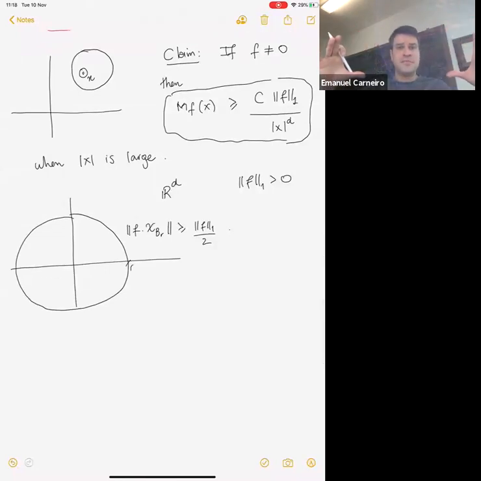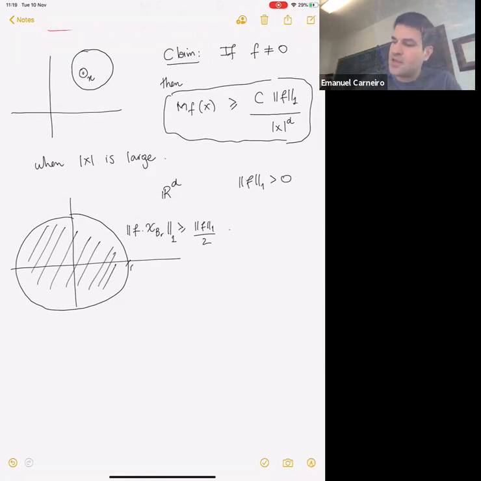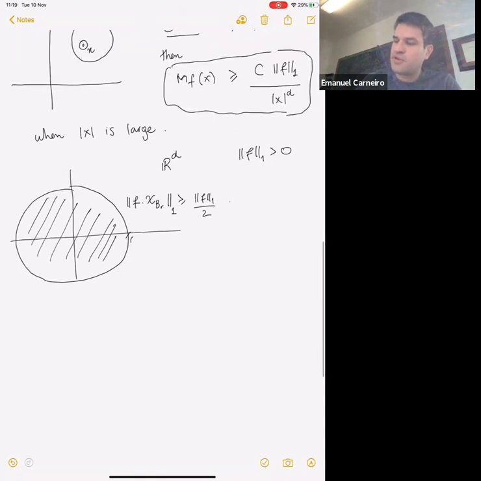Your function is integrable, so just take a big ball around the origin such that the mass inside it is already half of the whole mass. That's good. Now you go and you take a point far, far away in the galaxy, x.